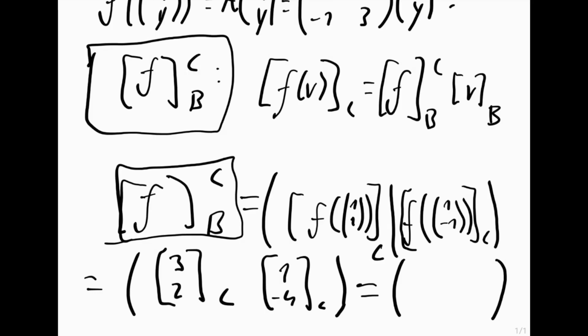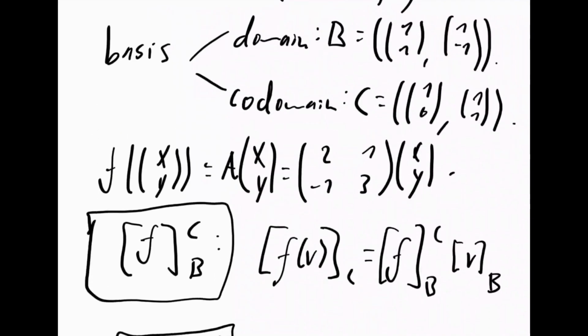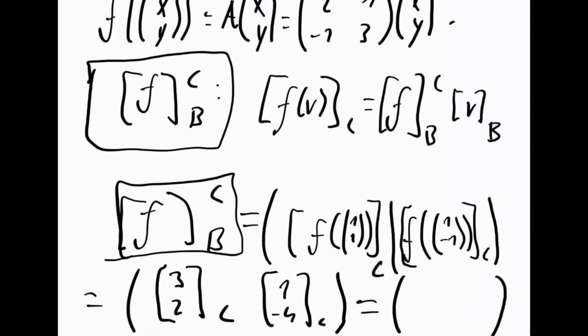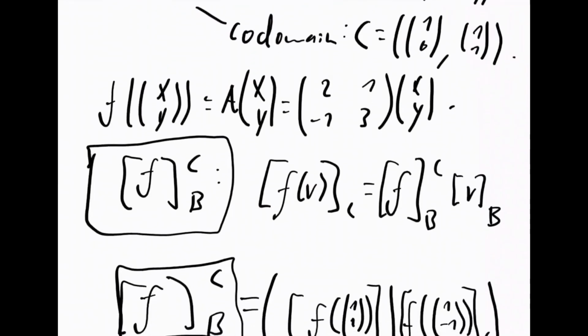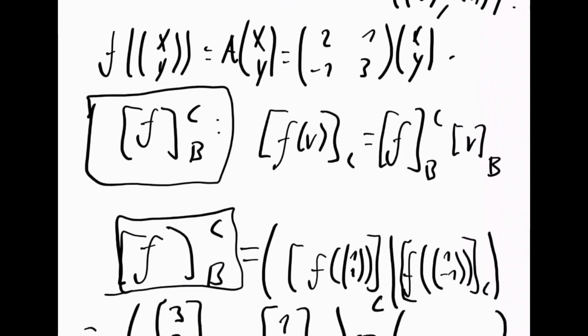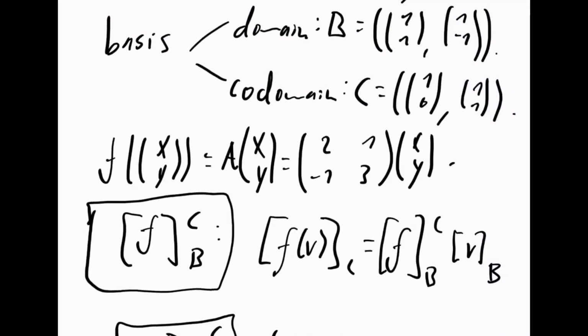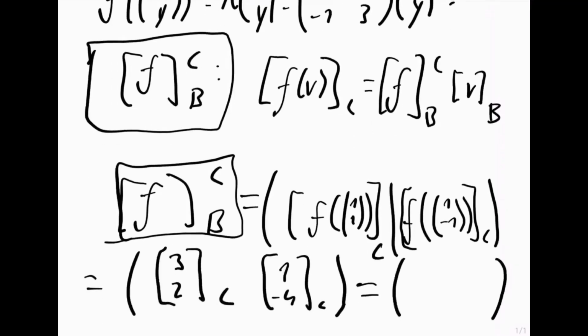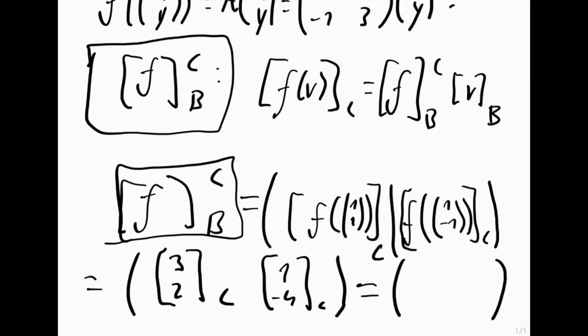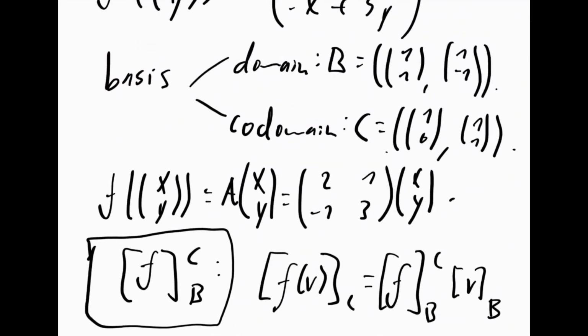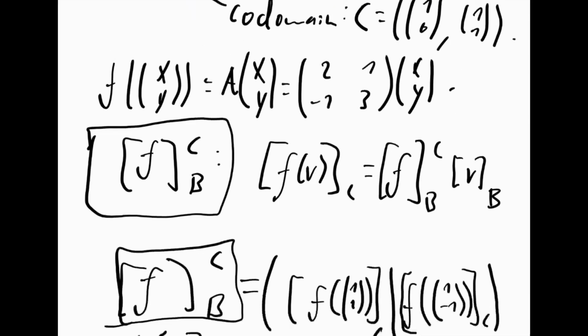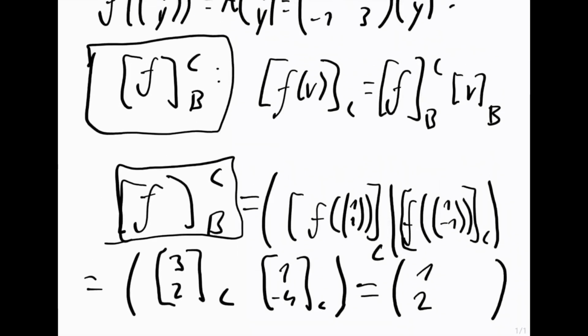So 3, 2 in respect to C, what is it going to be? We can do it quite easily. It's 1, 2. 1 times 1, 0 plus 2 times 1, 1 gives 3, 2.